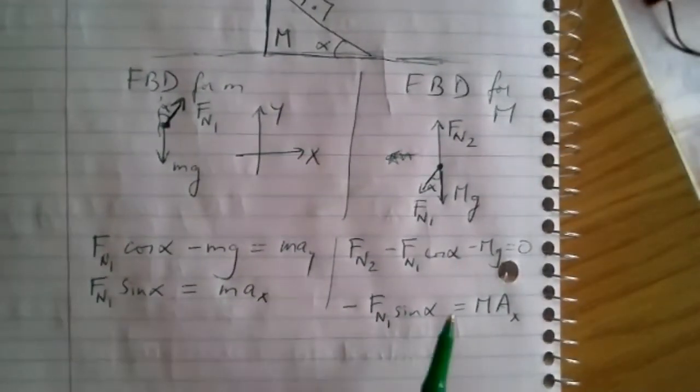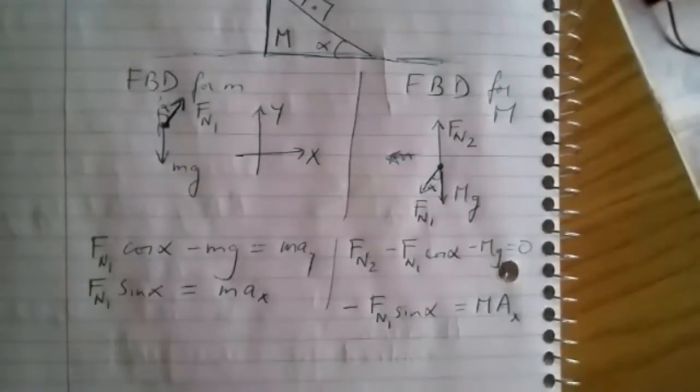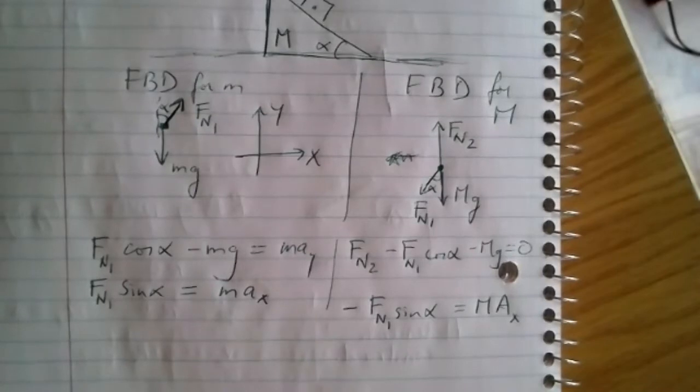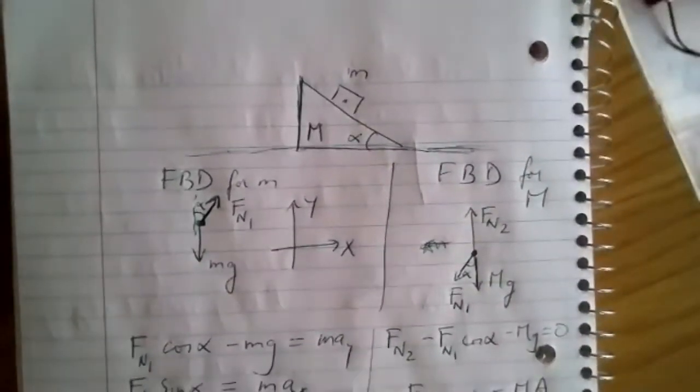So 5 unknowns, only 4 equations. We need one more equation to help solve things. For that, we go back to our diagram and add a little more structure.